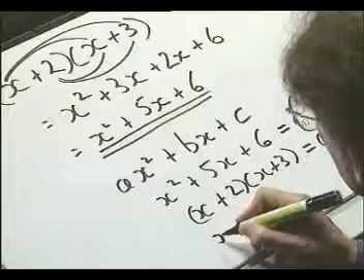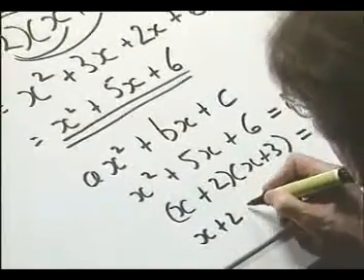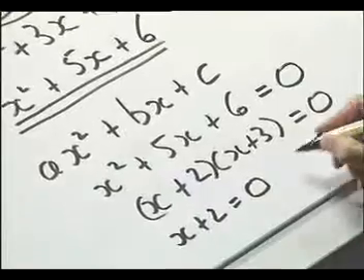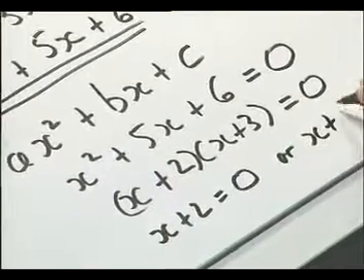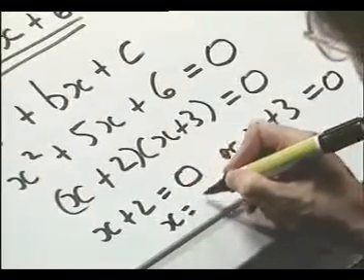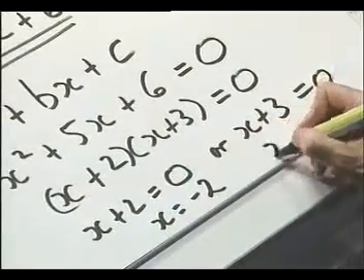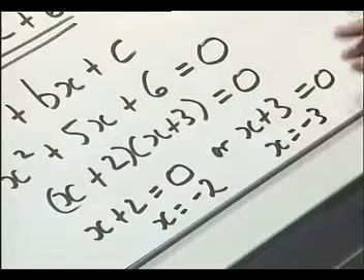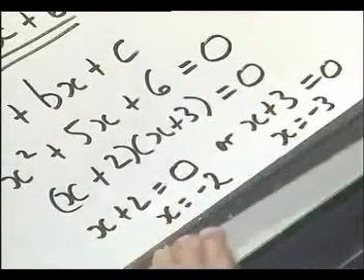So in this case, x plus 2 equals 0, or x plus 3 equals 0. And so x would be minus 2, or x would be minus 3. So being able to factorize actually helps us to solve a new kind of equation.